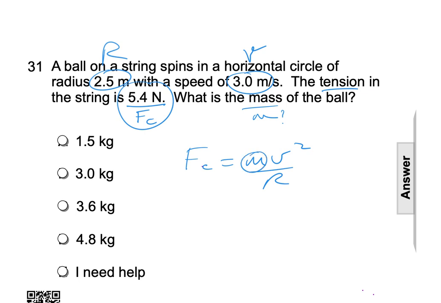To solve for mass, I want to cross multiply, and then divide both sides by v squared, because I'm trying to get mass by itself.